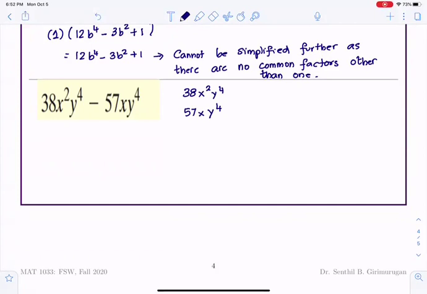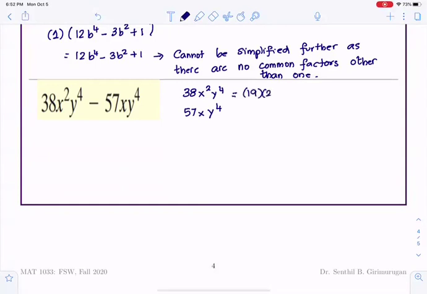So naturally, you would wonder and say, oh, I'll try to write 57 in terms of 38, but that's not feasible. So that doesn't mean you should just abandon and leave it as is. Think of a different number that is common to both 38 as well as 57. And that number is 19.